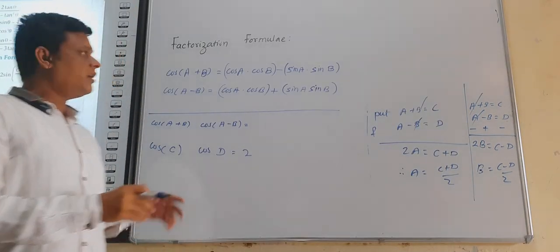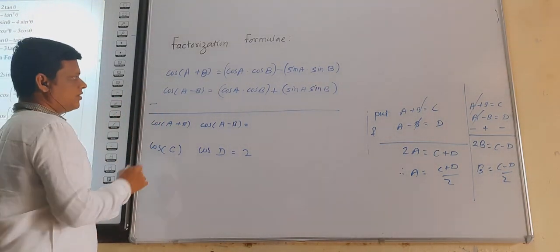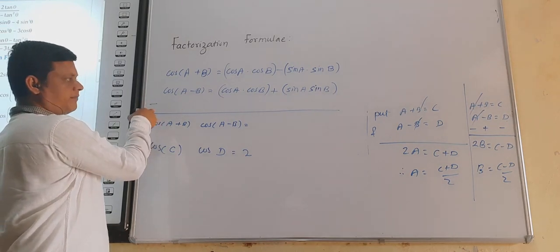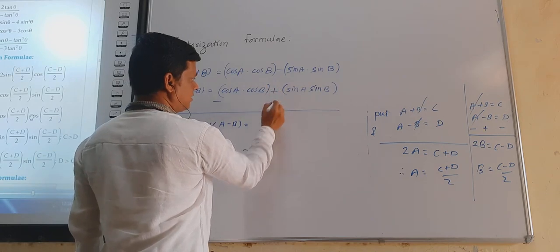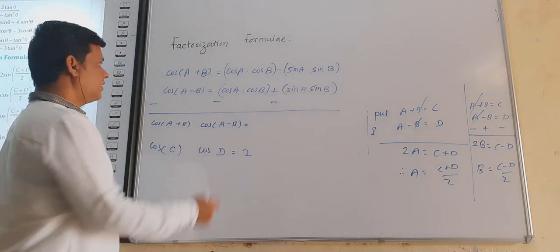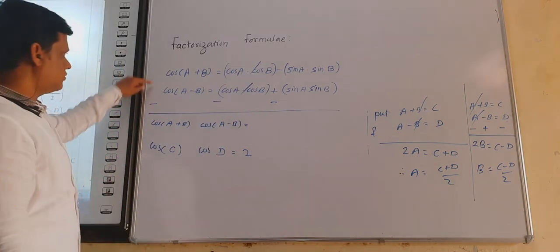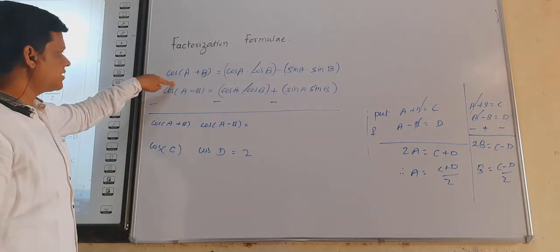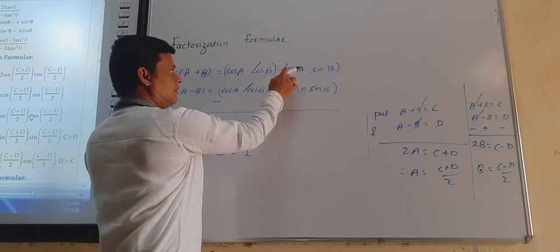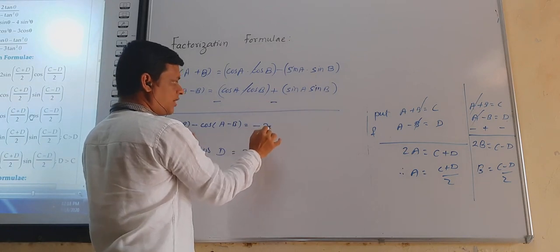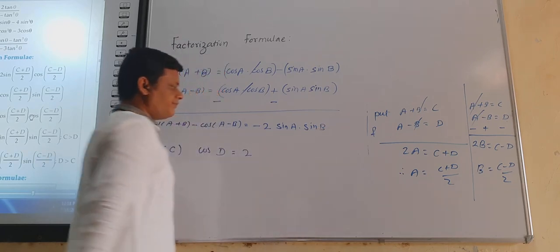Now see next, if we subtract these two, that means we have to change the sign of cos a minus b by minus minus, and here plus we have to change to minus. Now these two terms are the same, so cancel them. So in LHS we write cos a plus b minus cos a minus b. Here minus minus, that is minus 2 times sin a into sin b.